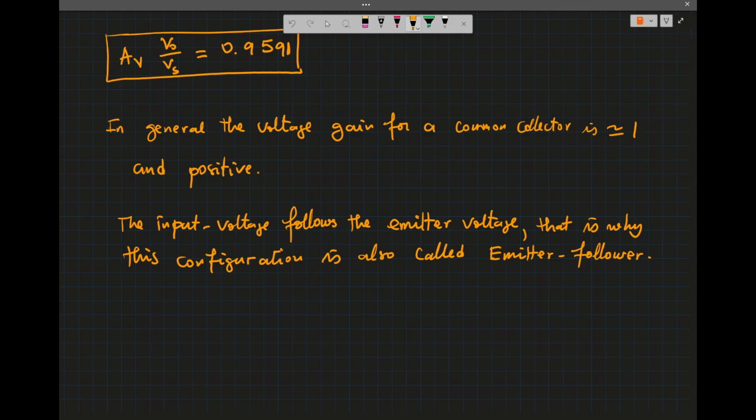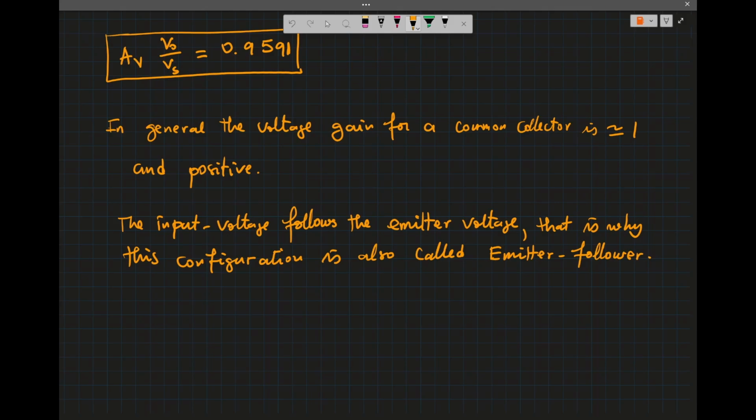So when you have small resistance for the speaker, because of the input and output impedances, which we're going to talk about in a minute, you're going to see why this is mostly used for an output stage.